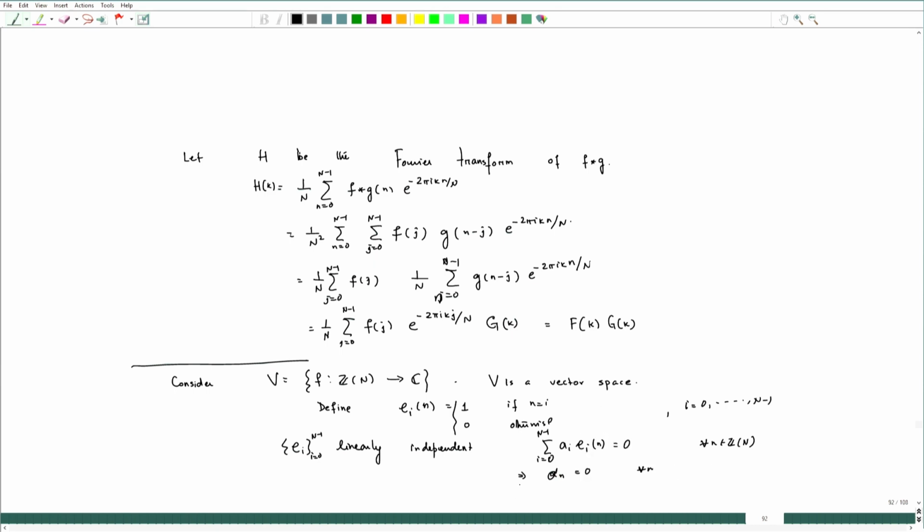Therefore, they are linearly independent, and now one can see that if you take a function f from Z_N to C, and f(n) is equal to alpha_n, then this f can be written as f(n) equal to summation over j from 0 to N minus 1 of alpha_j E_j(n).